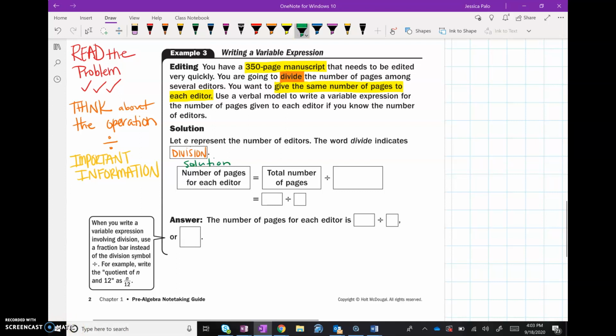To get to that solution, we have to divide the total number of pages by the number of editors. Since we don't know how many editors there will be, we are using E to represent the number of editors. E is our variable.